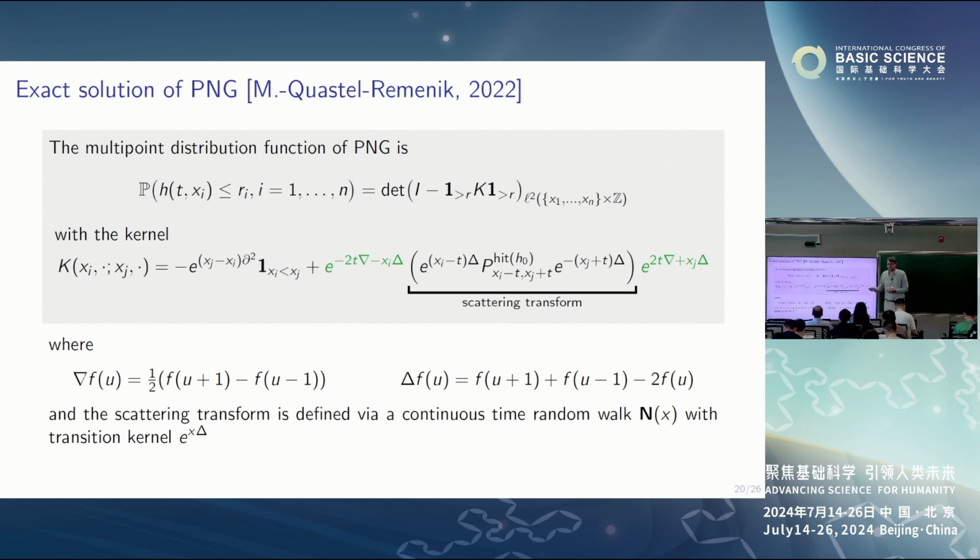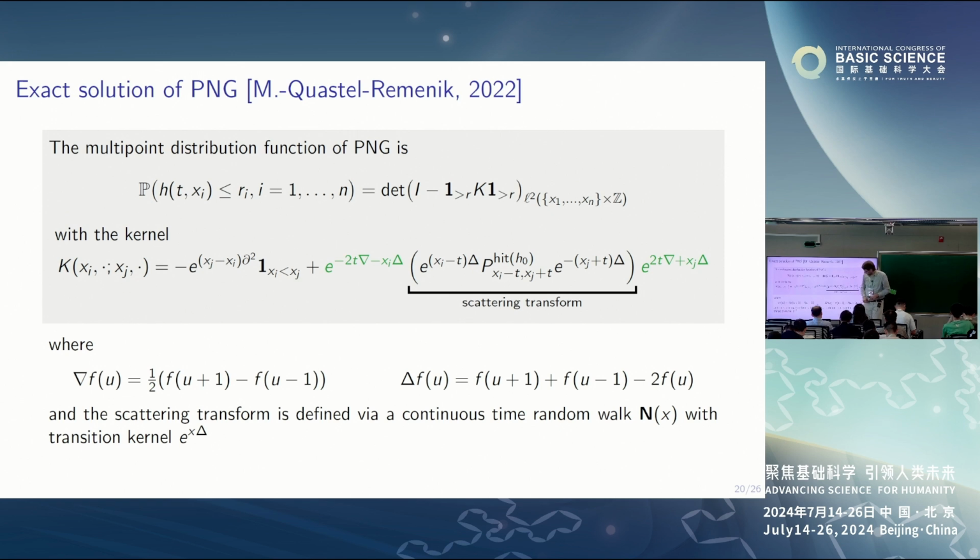It was known that the PNG model is exactly solvable, but again, the solution was computed only for very few special initial conditions. So we managed to solve it for arbitrary initial condition. Again, we look at the multi-point distribution function of PNG, and we can write it as a Fredholm determinant. The kernel inside the Fredholm determinant has the same structure as the kernels which you have seen before, but now all these continuous or discrete operators are replaced by some other operators, discrete in this case.